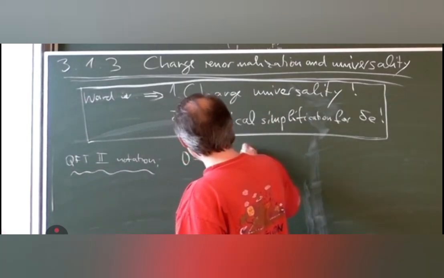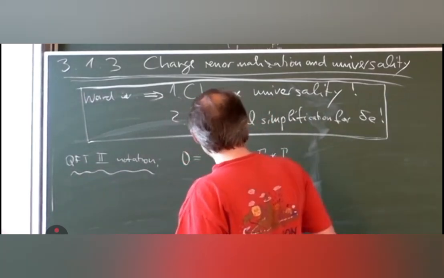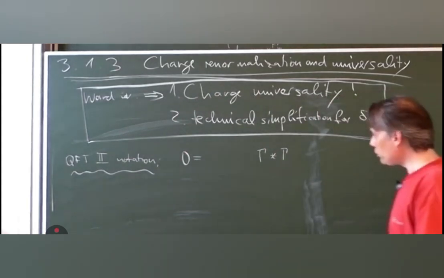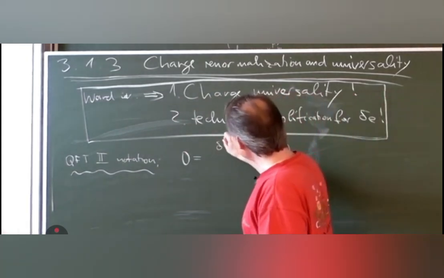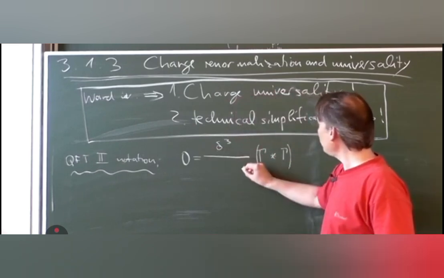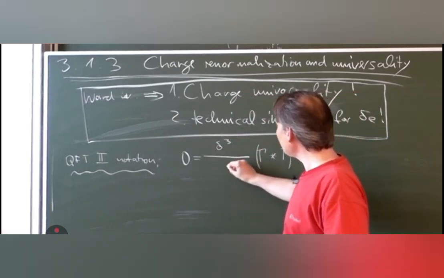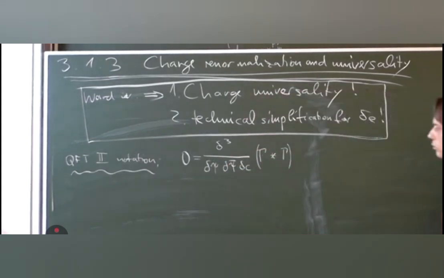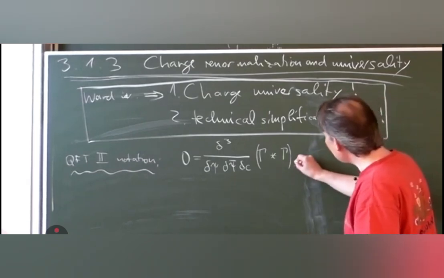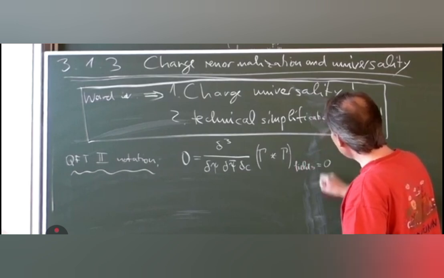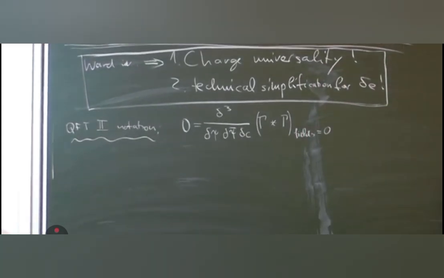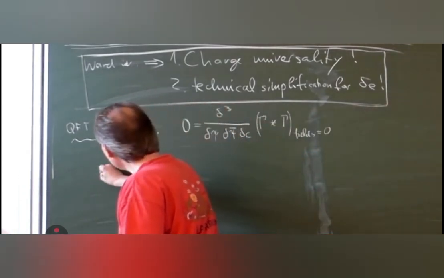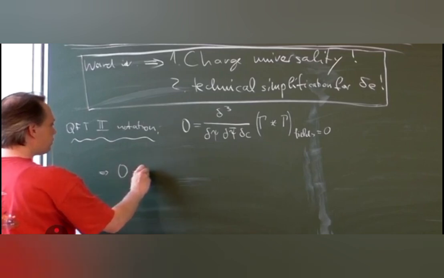So we take the Slavnov-Taylor identity, which contains the Ward identity of QED, and we apply onto it 3 functional derivatives: a functional derivative with respect to a ghost, and with respect to psi bar and psi for electron incoming and outgoing. And then we set all the fields to 0 after taking the functional derivative. And then there is again some identity between explicit Green functions which comes from that. Let me write it down and then we can see how we can understand it.